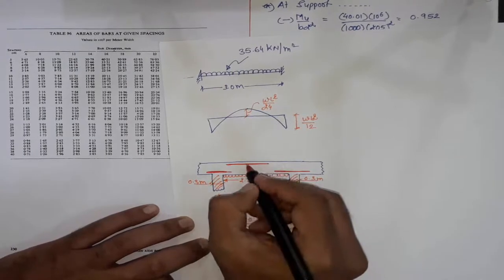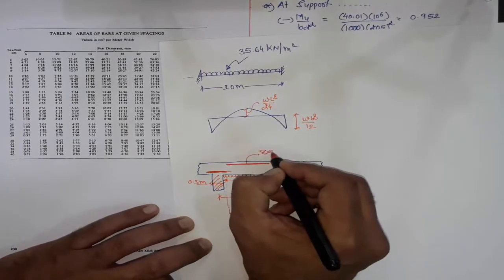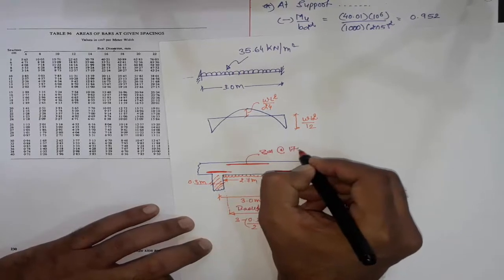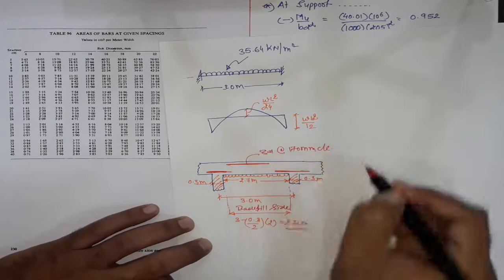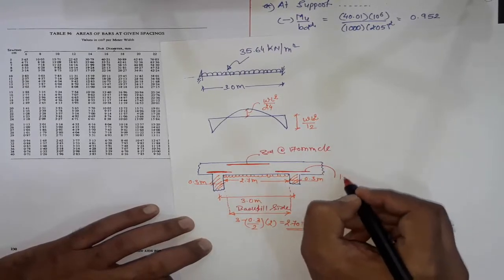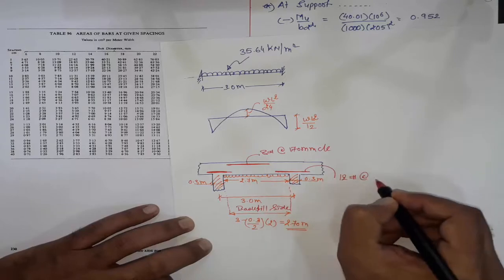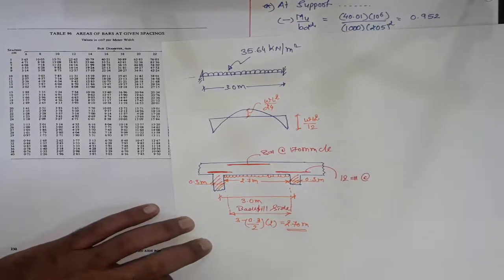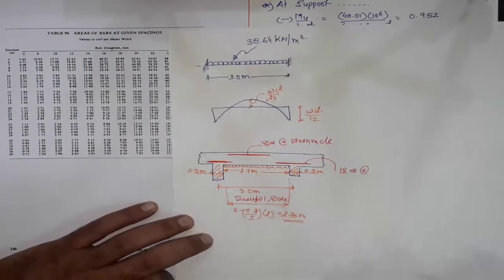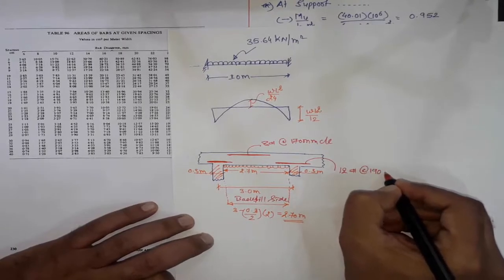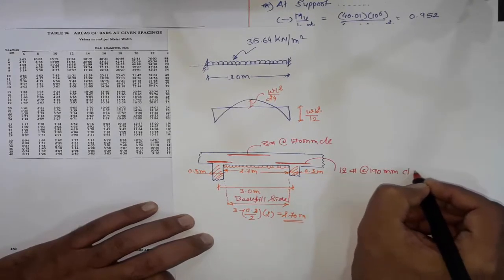Mid-span reinforcement is away from backfill, this is 8 torr about 170 mm center to center, and this is 12 torr about 190 mm center to center.